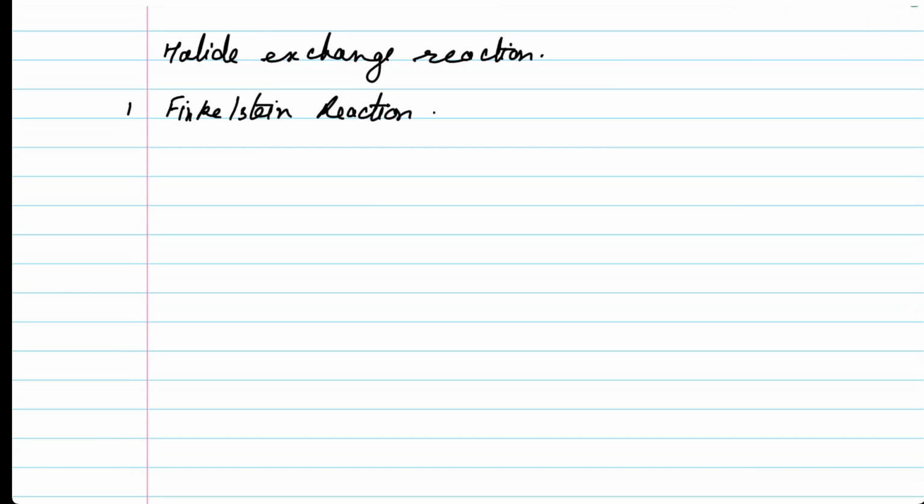When you talk about the Finkelstein reaction, this is a reaction in which RX, now again, what could X be? X could be Cl, it could be Br, reacts with NaI in dry acetone as the solvent.